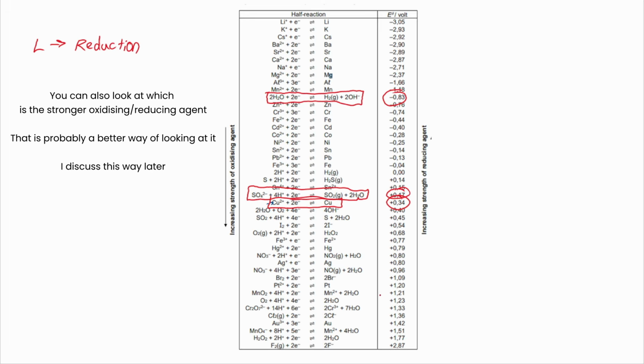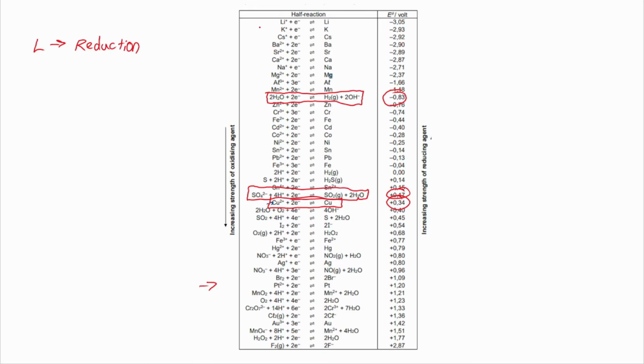So the main idea is, a big positive number wants to go this way, left to right. If it's a big negative number, it doesn't want to go this way. For example, lithium ions do not want to gain electrons, but lithium very much wants to go the other way. Lithium wants to be oxidized, because remember, if we go right to left, it's oxidized.